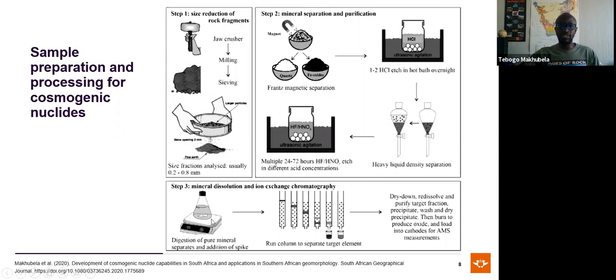Once we have pure quartz, then we can proceed to complete the dissolution of that quartz and then run columns to separate beryllium-10 from aluminium-26. And from that point, we can then dry down and prepare the targets for AMS measurements. And these are in the oxide phase of the 2 metals, beryllium and aluminium.